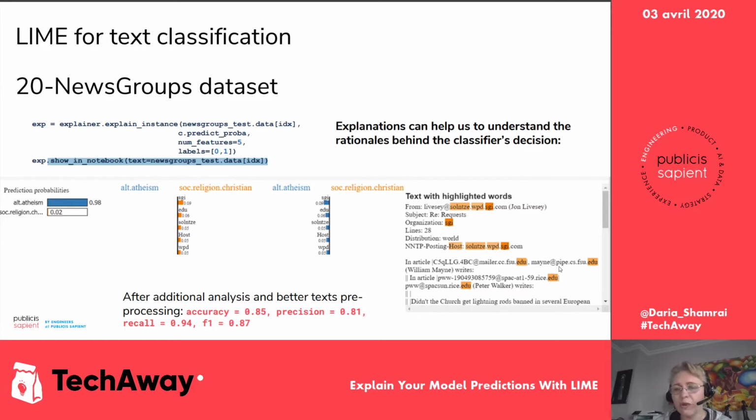And despite the classifier being right, it really didn't make a good, meaningful decision for the users.